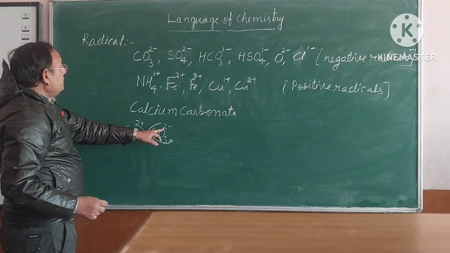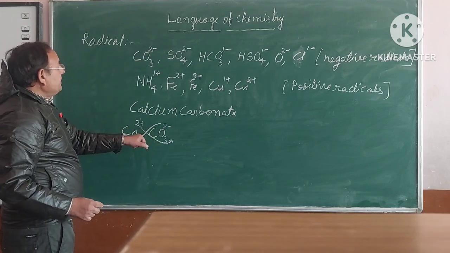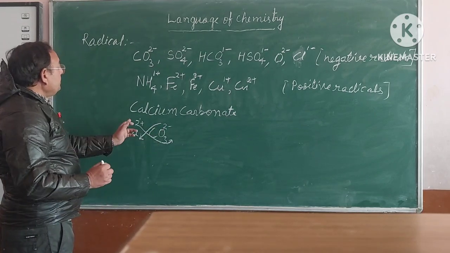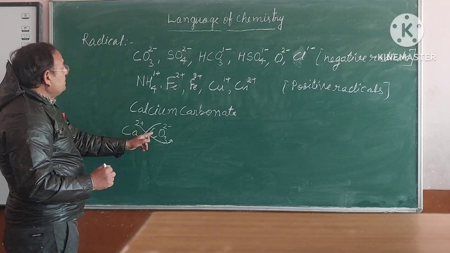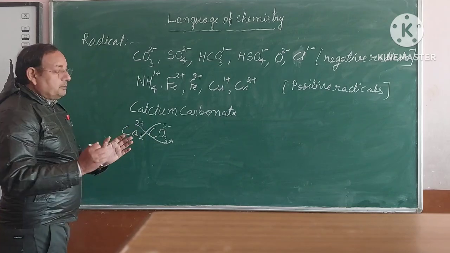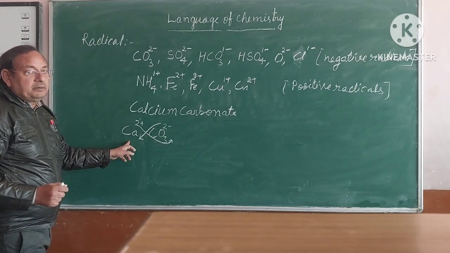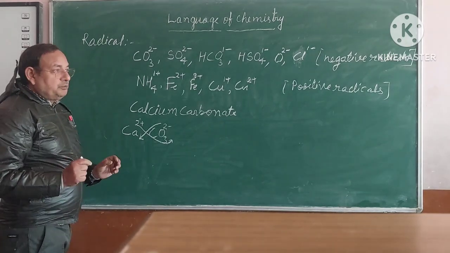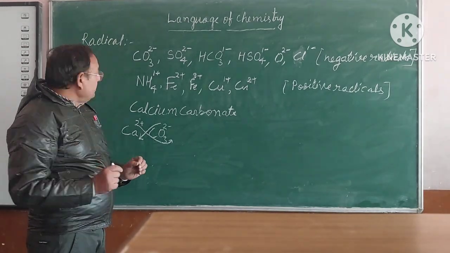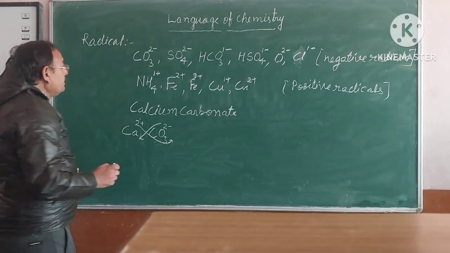Because this is a group of atoms, we will multiply this carbonate radical by 2 by taking a bracket, and this radical is made up of only one atom, so we don't need the bracket.